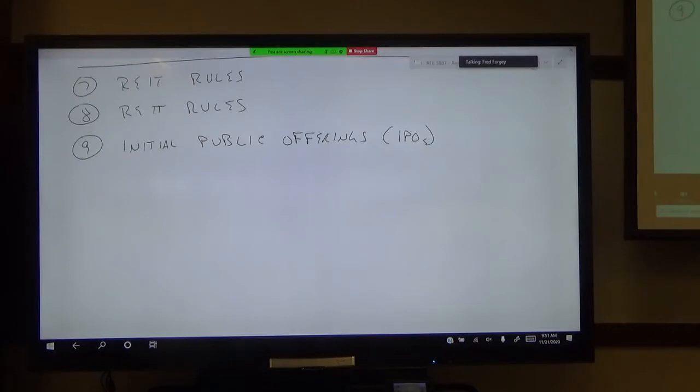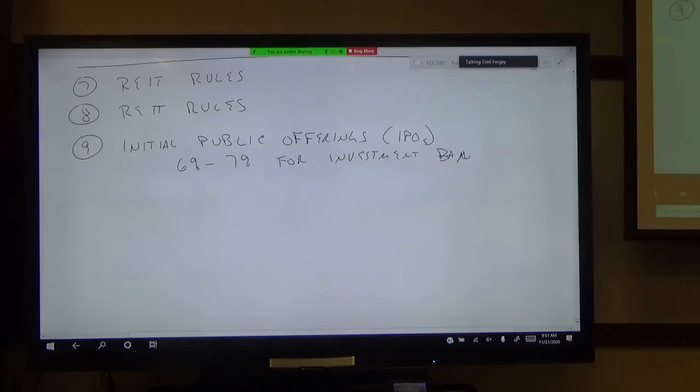And the thing to sort of walk away with here, a couple of things. One is it's going to probably cost you at least 6-7% for an investment bank to do that IPO.